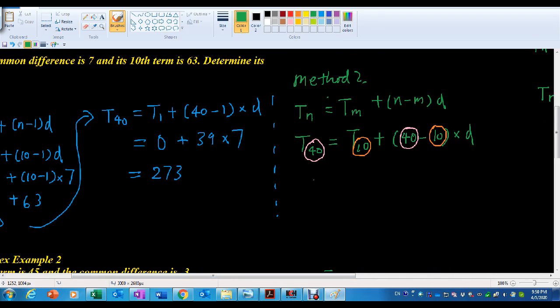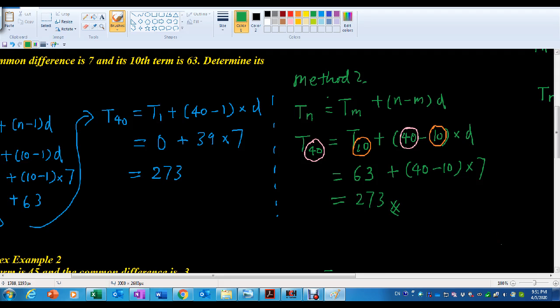The 10th term is 63, and 40 minus 10 times 7. So we get the answer in just one step.